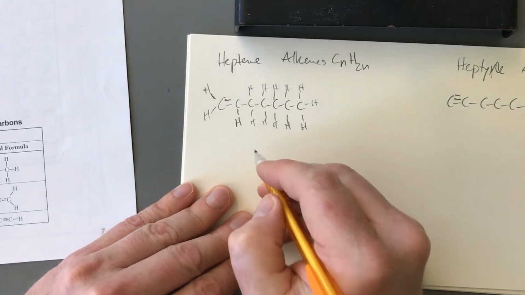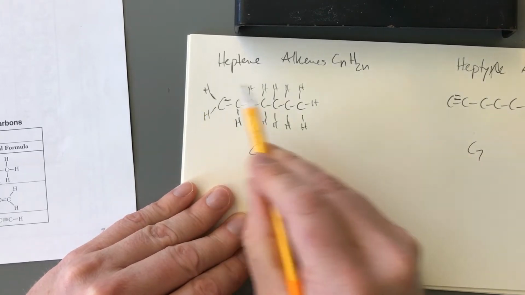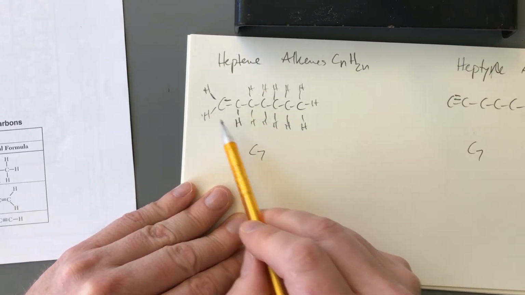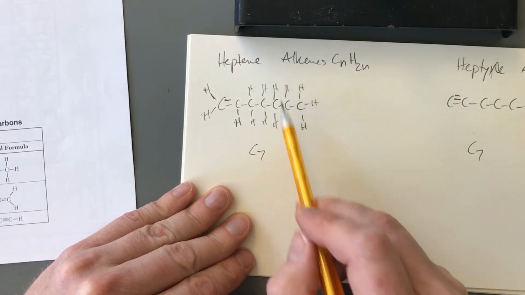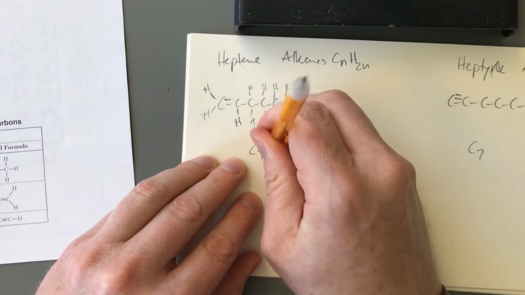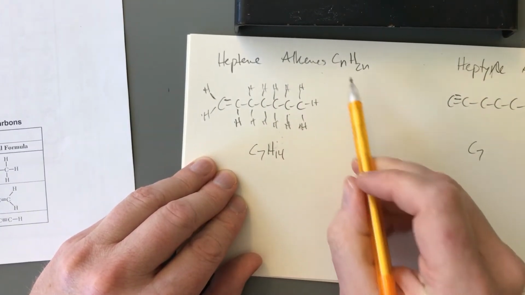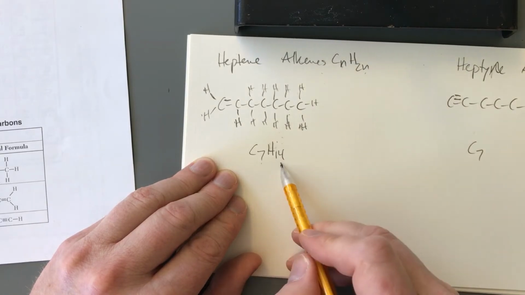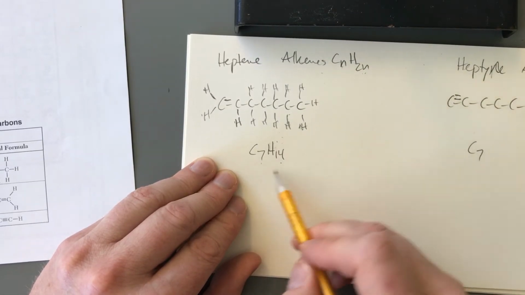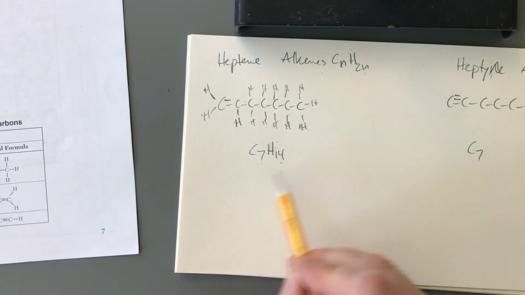If we just look at this, we know we have C7 in both cases, but let's look at this one first. I have 2, 3, 4, 5, 6, 7, 8, 9, 10, 11, 12, 13, 14 hydrogens. That follows the formula of CnH2n. I took 7 and I doubled it. 7 times 2 is 14. Anytime you have an alkene, if you were just counting to figure out what it is, you could look at the formulas.